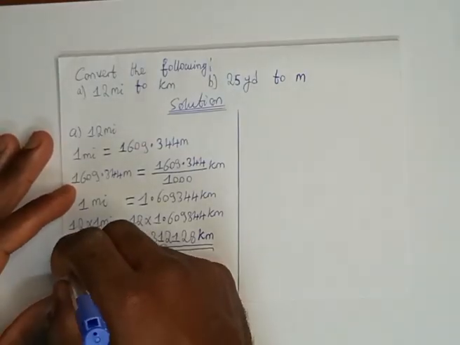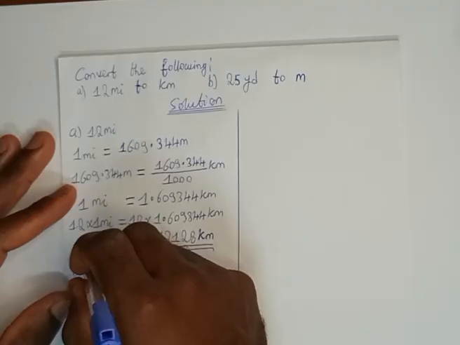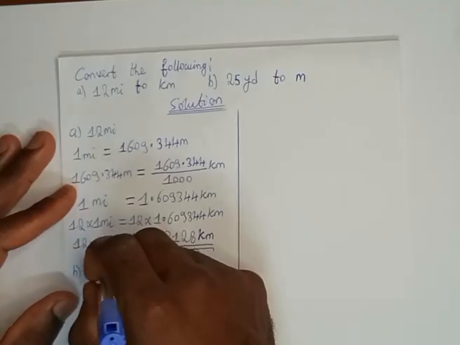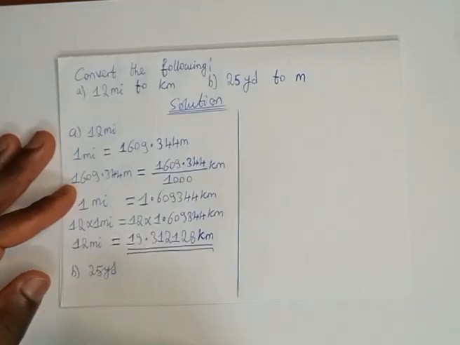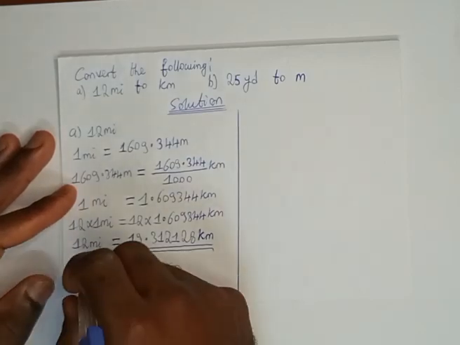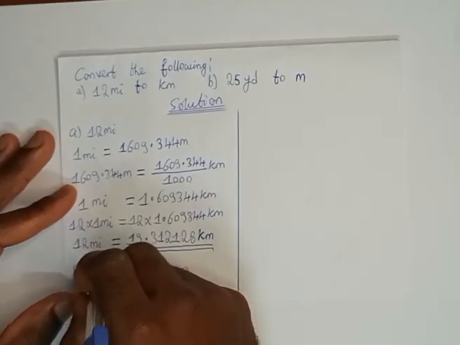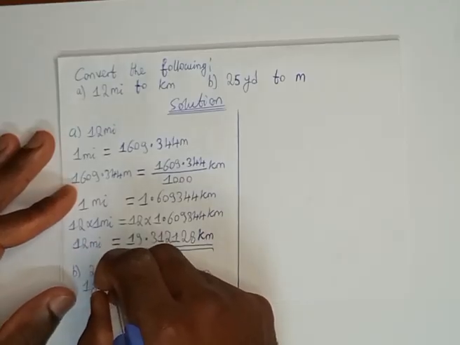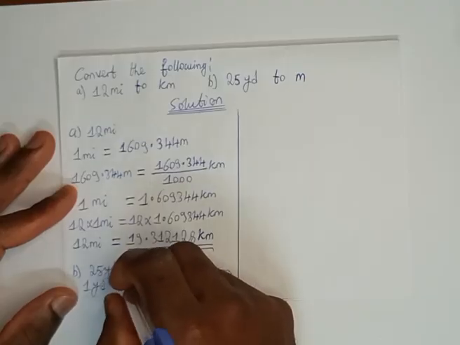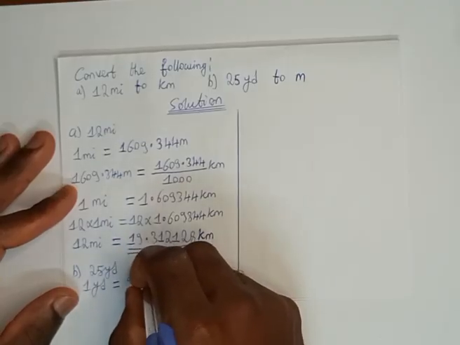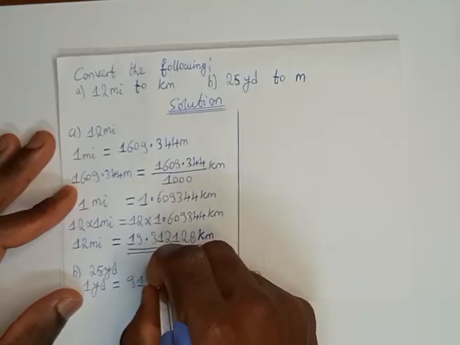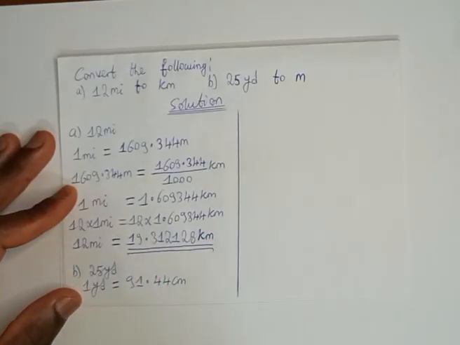For question B, we are to convert 25 yards to meters. We are going to make use of the fact that 1 yard is approximately 91.44 centimeters.